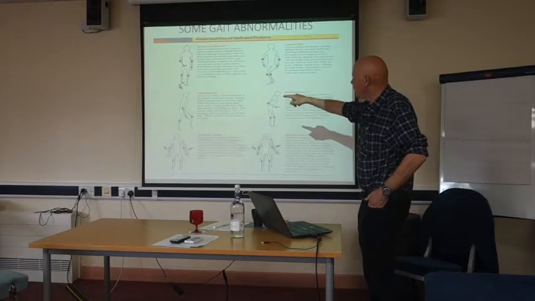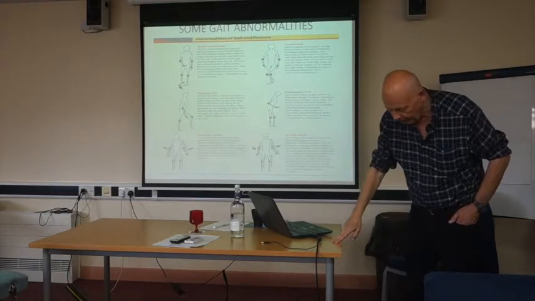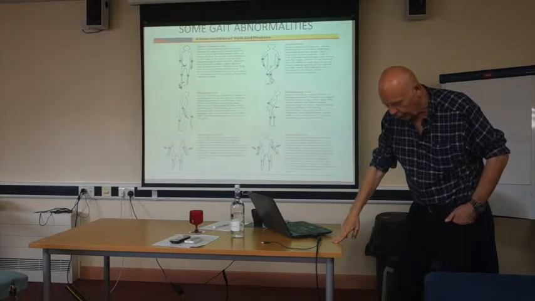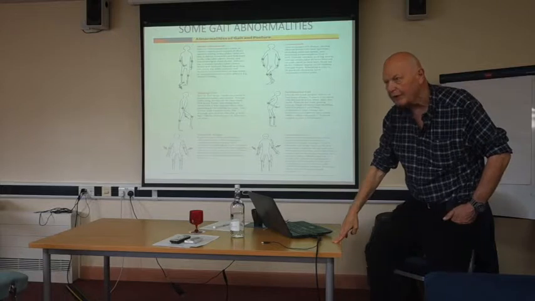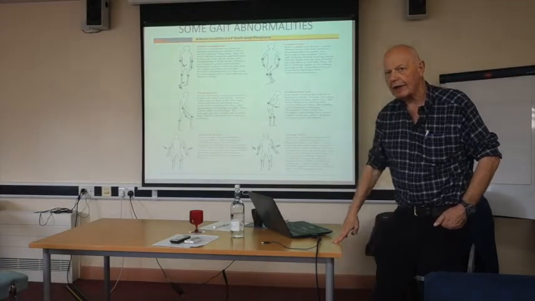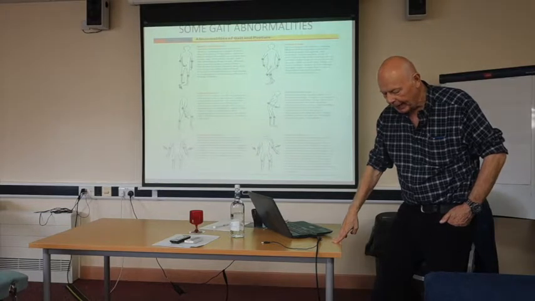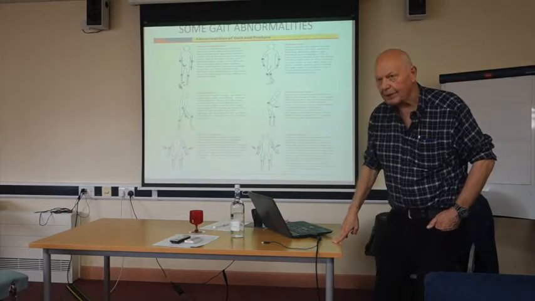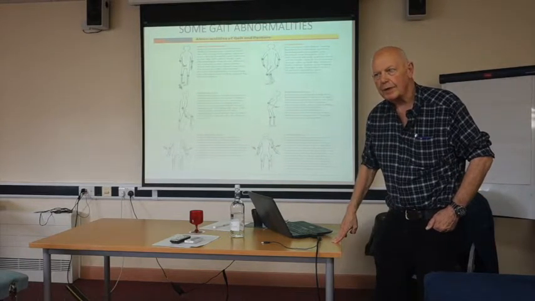That steppage one is the Morse one, where because your toes are not being held up, you have to lift your knee very high to clear it before you stick your foot forward, and then when you put it down, it flops down because the toes touch first before the heel.